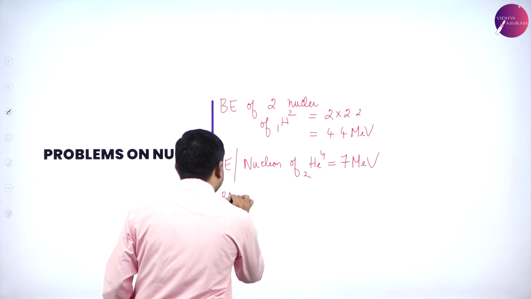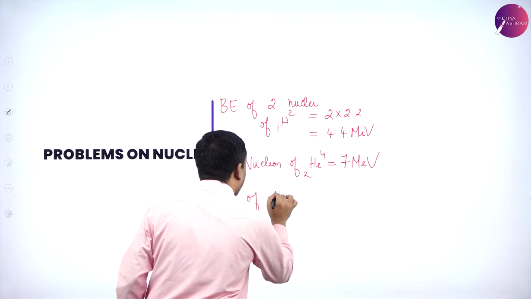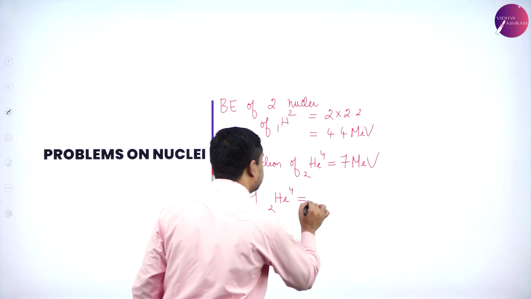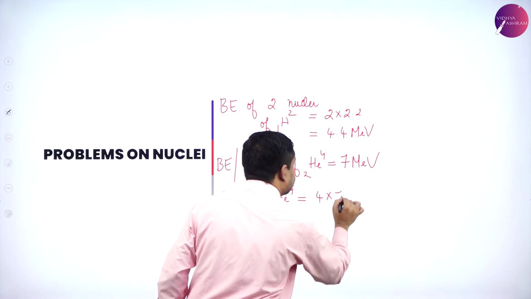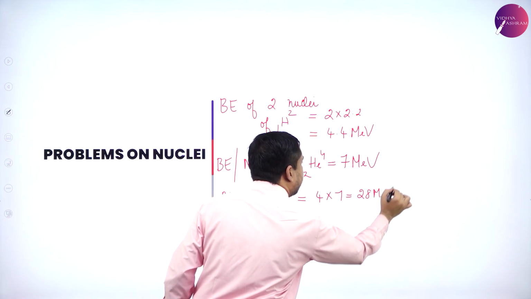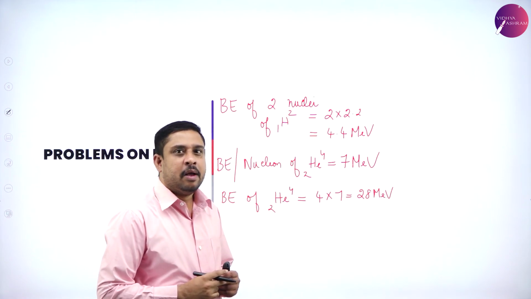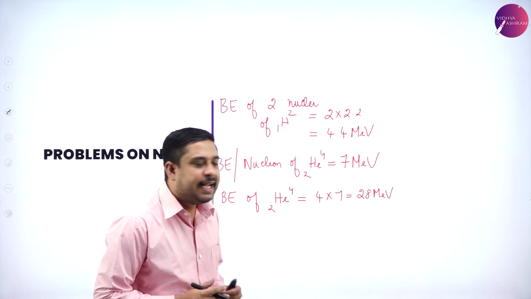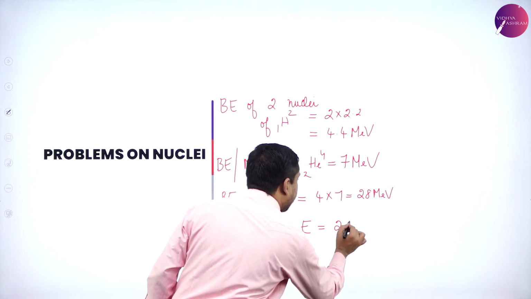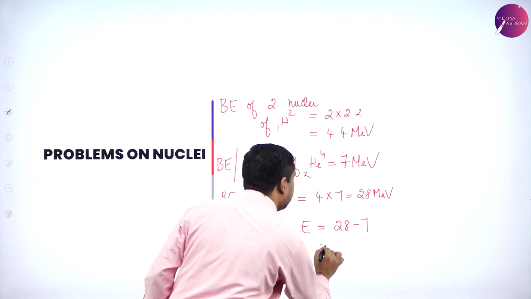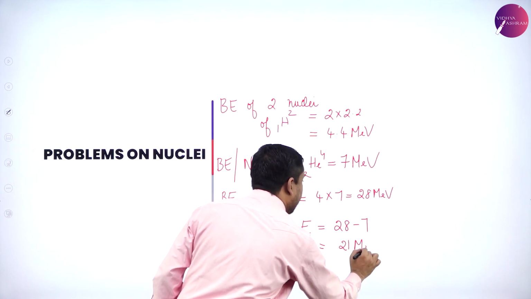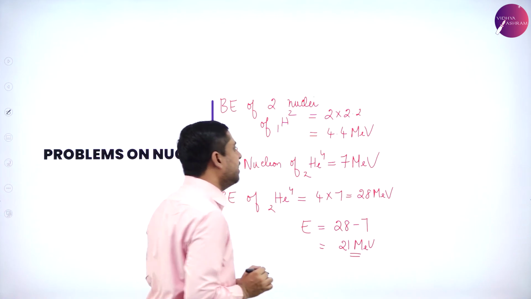So binding energy of helium-4 is 4 into 7, 28 MeV. What do we have to calculate? Energy released. Very simple. 28 minus 7, nearly 21 MeV of energy.